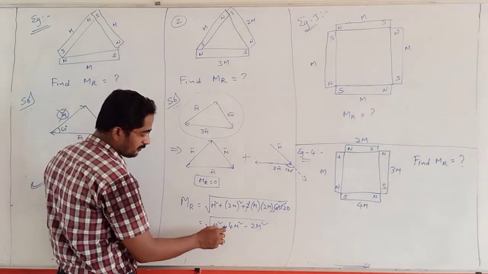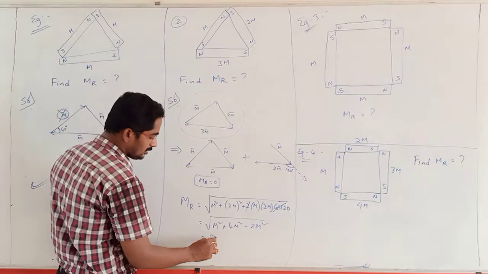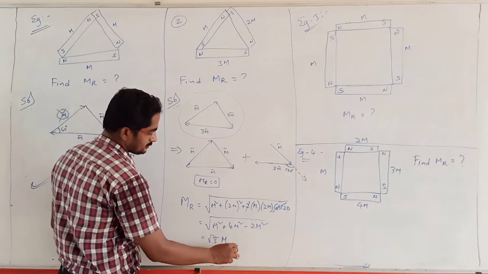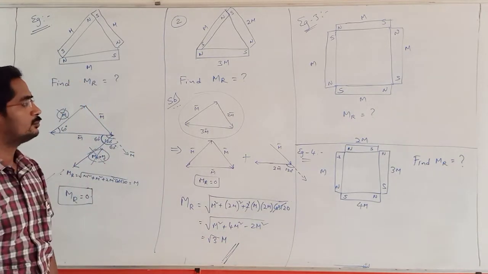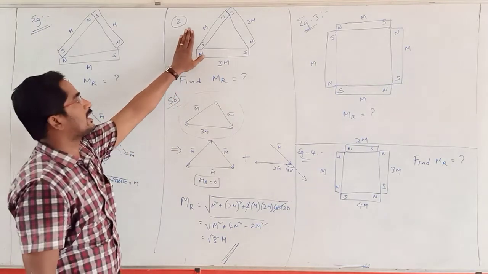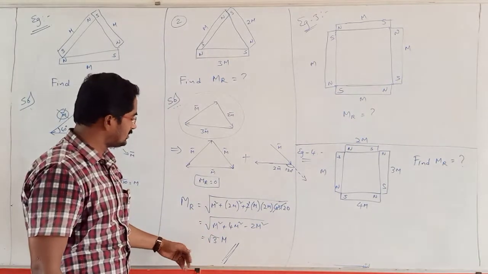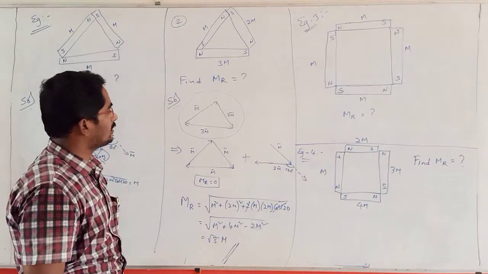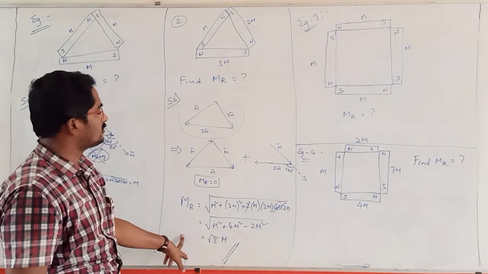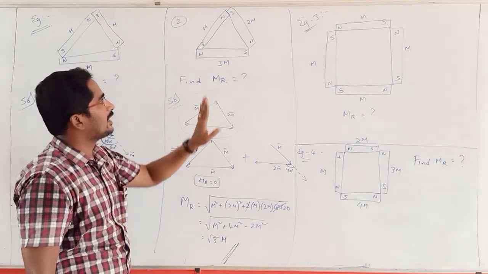What are we getting? 5m square minus 2m square, that is root 3m, the answer. It is also an equilateral triangle, so we can write it like this. This is the resultant magnetic moment when three magnets are arranged in this form.